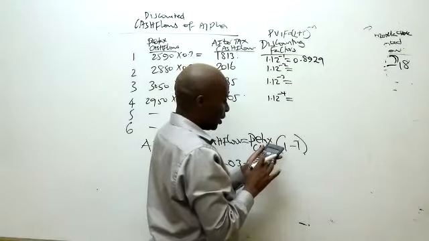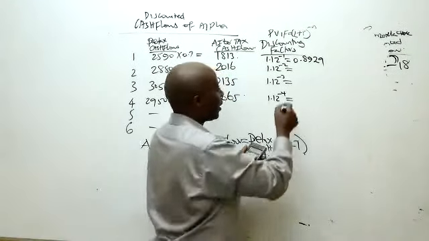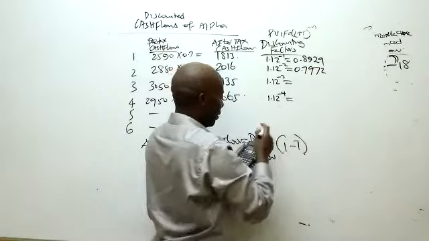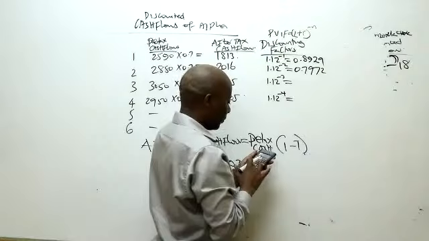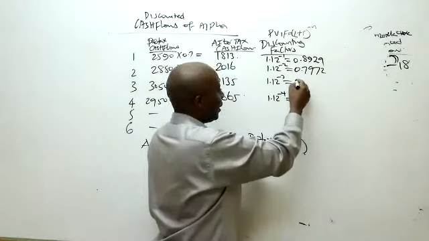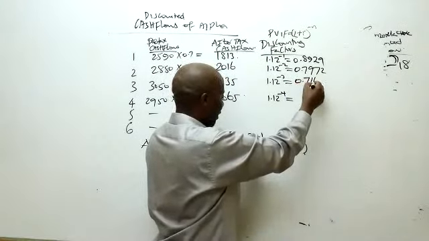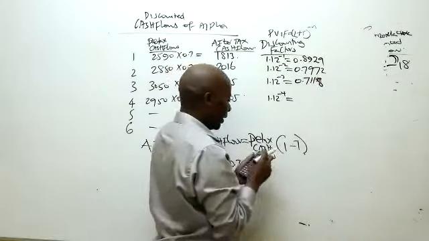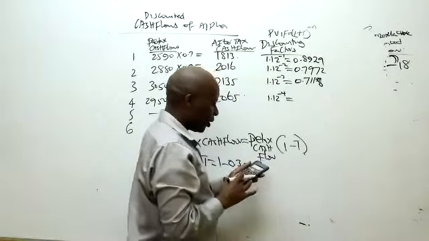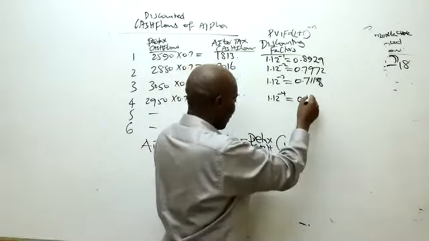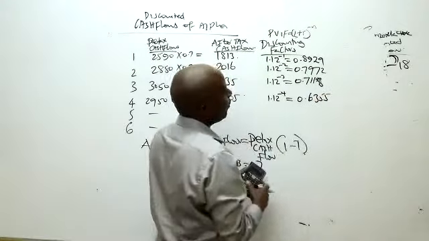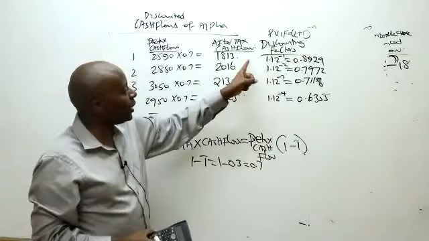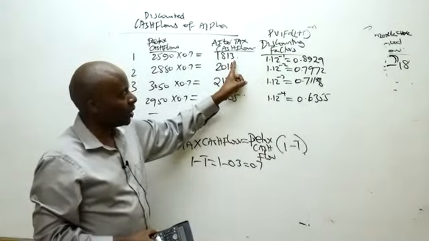Raised to negative 2 gives us 0.7972. Raised to 3 gives me 0.7119. And raised to power 4 gives us 0.6355.